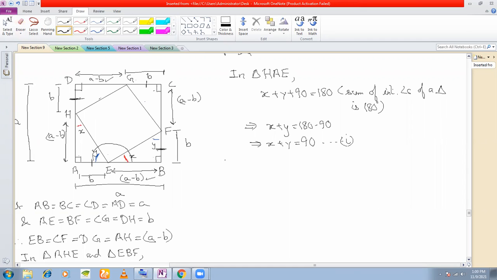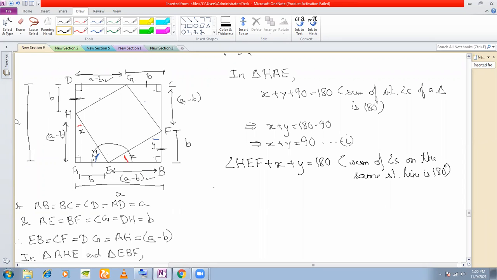So we'll write this. Angle HEF plus X plus Y must be equal to 180 because the sum of angles on the same straight line is 180.